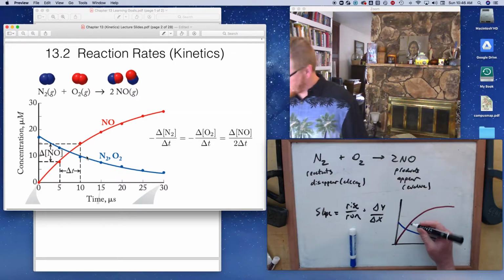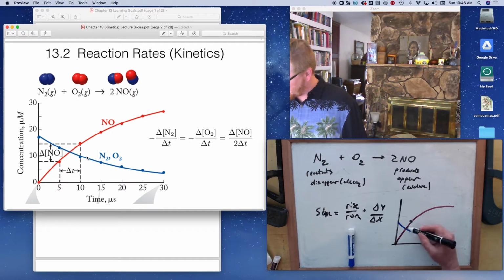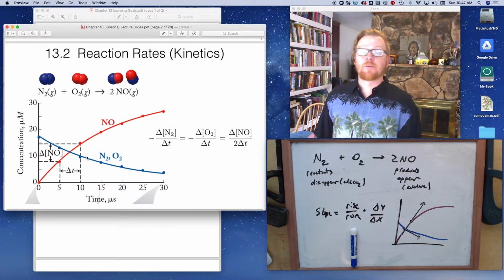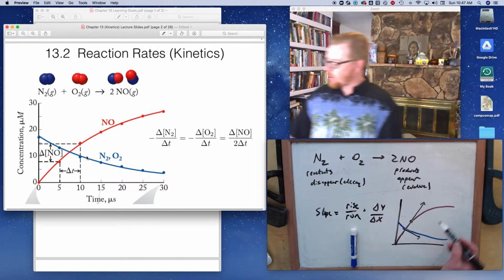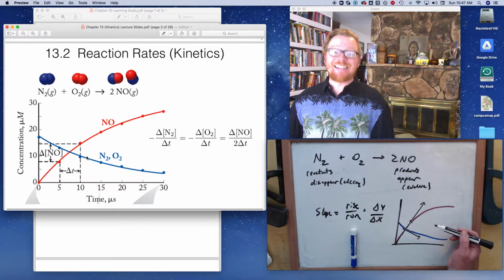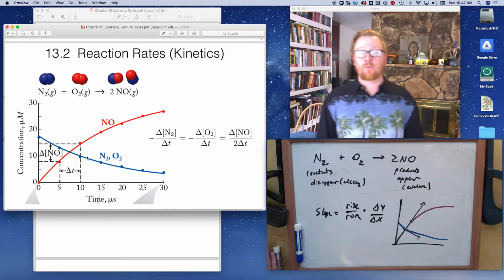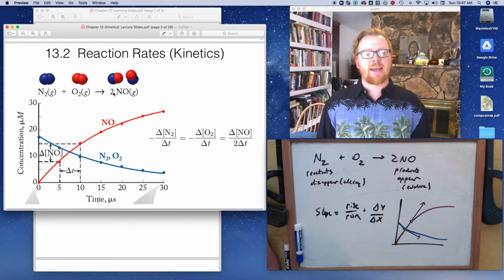So if I looked at a slope, let's say at this data point right here, this slope is actually 2 times the slope of the reactants, okay? So here on this graph, we're actually seeing the absolute rates. And so the way that we can make those all equal, the way we can make them relative to each other is, again, with that stoichiometry, is saying 1 over that 2 coefficient.